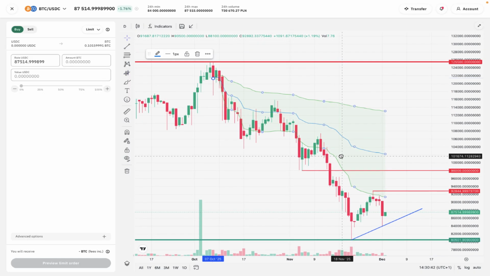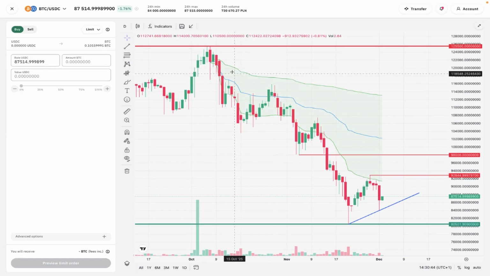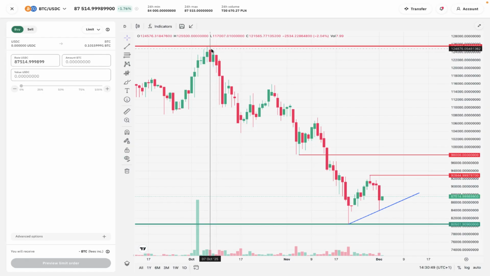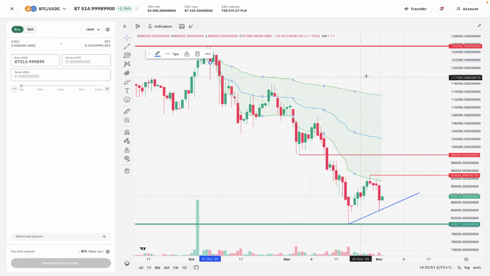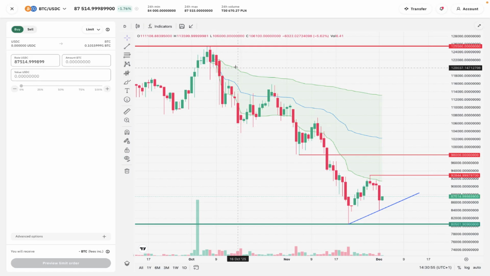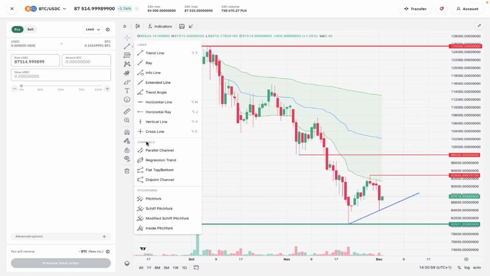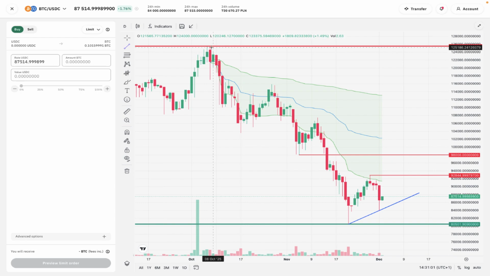Oh, this is VAP. All right, but I want it from the top of this level. Can I get it from here? Yes, something like that. Okay, so we got our anchored VAP from this swing high, but this is not what I wanted to do. I want this trend line.